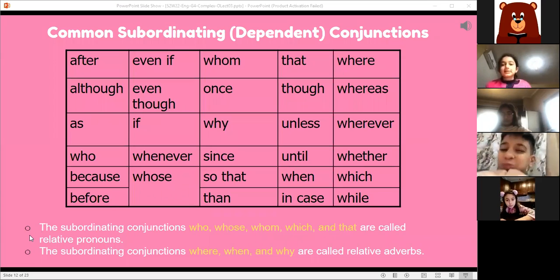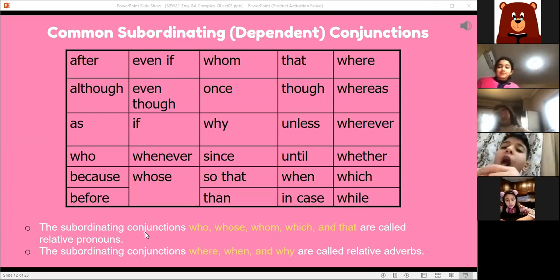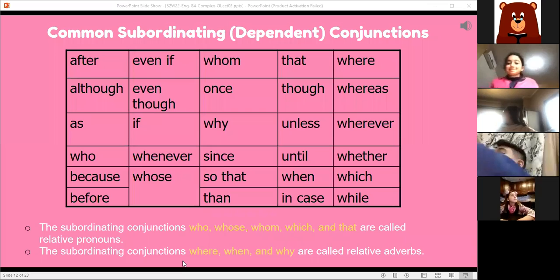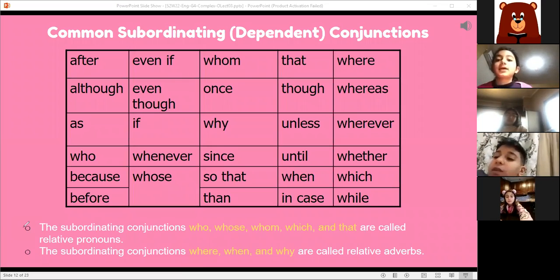Selma is going to remind us with the subordinating conjunctions that are called relative pronouns and the subordinating conjunctions that are called relative adverbs. Yalla Selma. Only these ones here, okay?